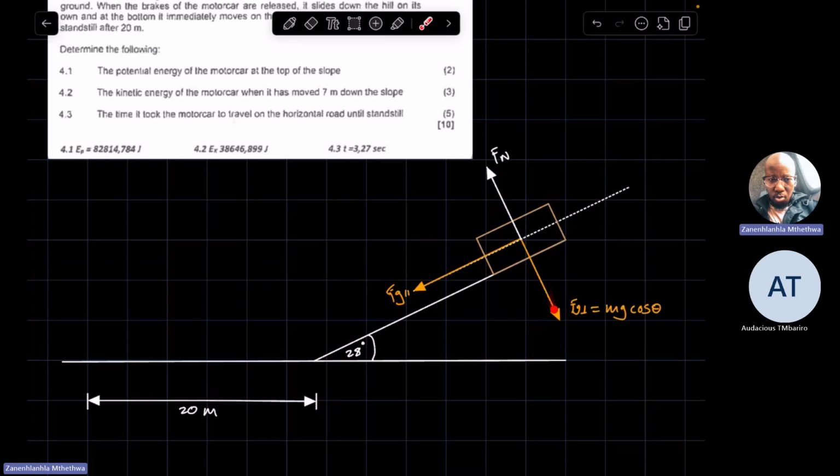So I saw your weight component parallel to the plane. It was heading in this direction. Yes, sir. Which is incorrect. This is always acting in that direction, and this one is always acting in this direction. The normal force always heading in that direction.